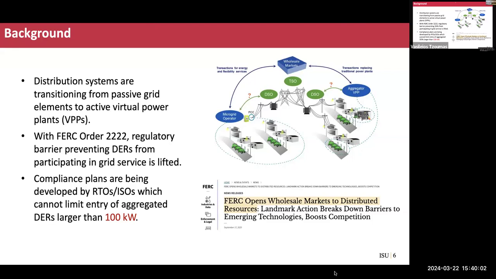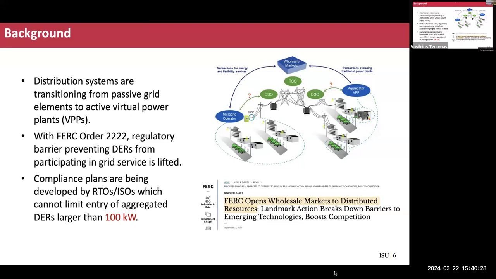And we actually right now don't have a connection from the aggregator or the VPP to the wholesale market. That is something that FERC Order 2222 mandates, but it still takes some time for different ISOs or RTOs to come up with their compliance plan to really integrate those DERs into their market.